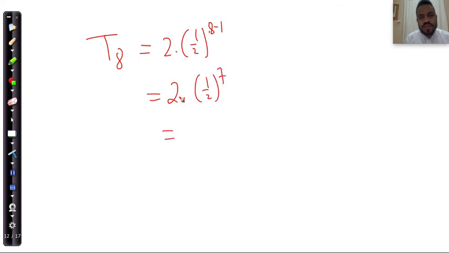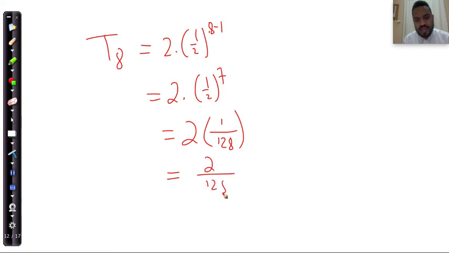That's 2 times 1 to the power of 7, which is just 1, over 2 to the power of 7, which is 128. You can check that. It's 2 over 1 times 1 over 128, because this is fractions, and that's going to give me 1 over 64. So that's the first case 1 example.